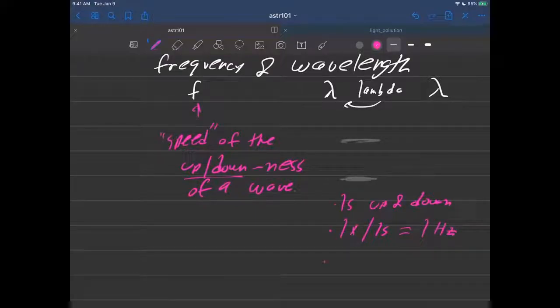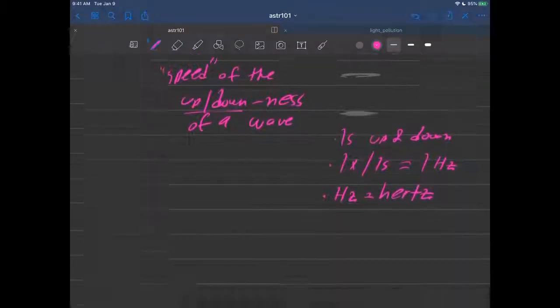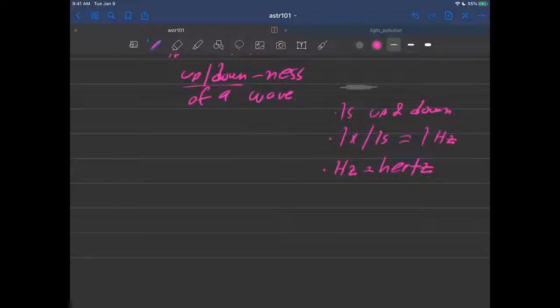The definition of hertz that you see with frequency, H-E-R-T-Z, is actually what the unit is, but it's always just abbreviated Hz. A hertz is a measure of how many times per second. So put a question mark in there because we don't know what the number is, but times per second. So when you see 1 hertz, that means 1 time per second.